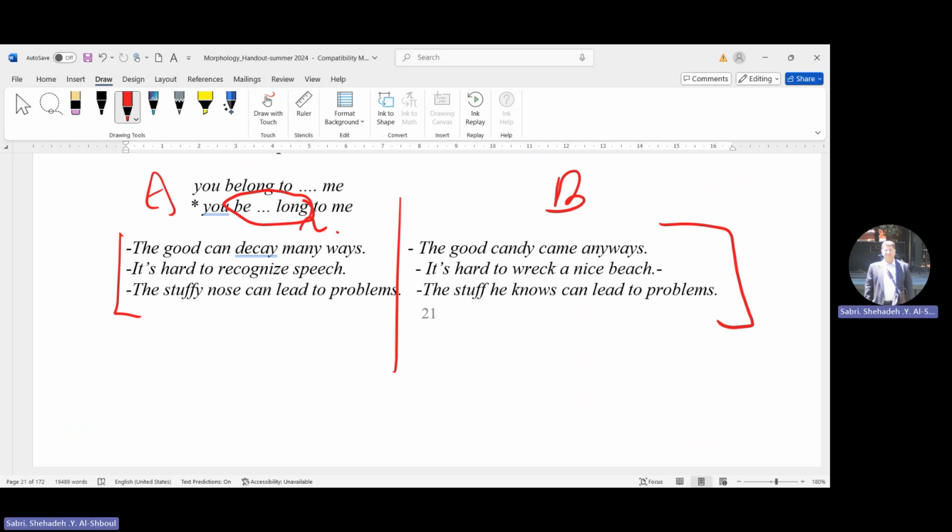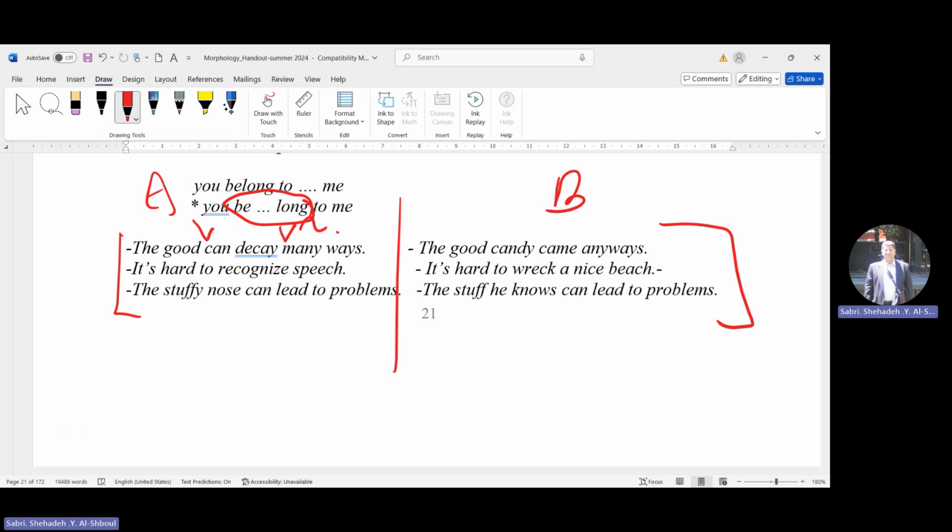"The good," here, is a phrase or constituent; "can decay" is another constituent; "many ways" is another constituent. So the pauses here, between "good" and "can," or "decay" and "many," would make a good reflection of the sentence.